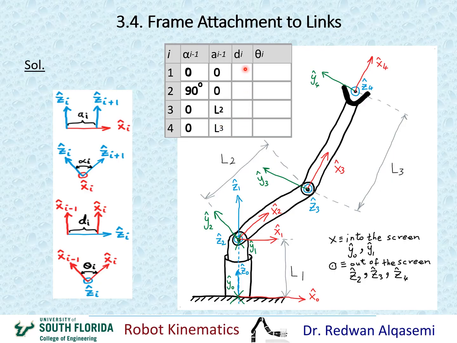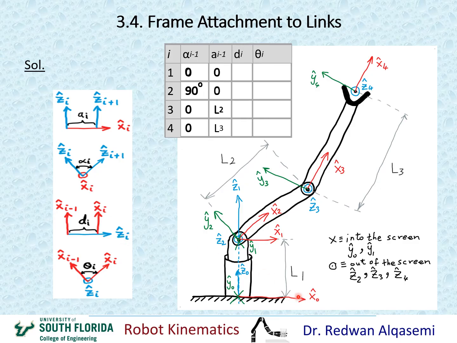Now we move on to the D column. When i equals 1, I'll be looking at d(i), which means I'll be looking at d1. This is the D chart. So for d1, I'll be looking at x(i minus 1), that means x0 and x1. So for d1, I'll be looking at x0 and x1 along z1.